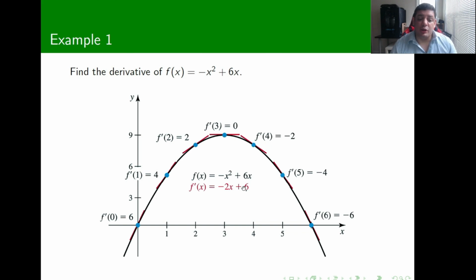With that function, we can actually get the tangent line at multiple points, and that's why it's useful to get the function of the derivative. So if I want the tangent line at 0, 1, 2, 3, 4, 5, and 6, I can get all the values of the tangent line at those points.